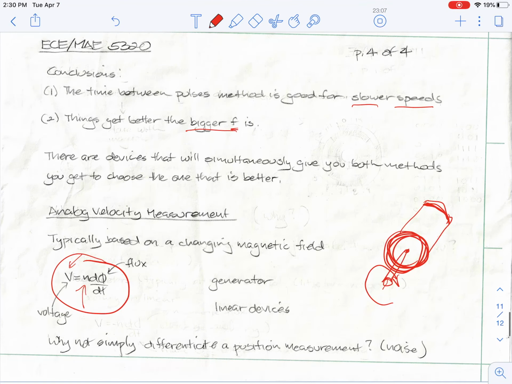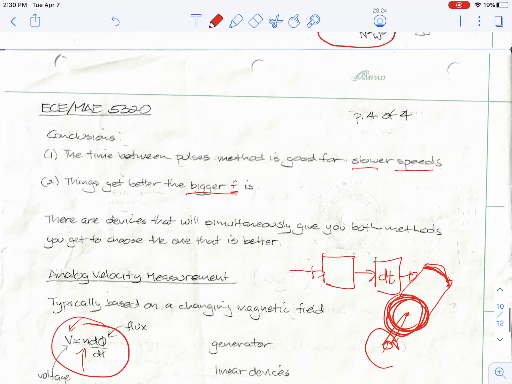Now, you may ask the question, why don't I simply differentiate a position measurement? So I've got some position measurement, and I do a derivative, and I get a velocity. Well, the problem is if I sketch briefly the Bode plot, the Bode plot of a differentiator looks like this.